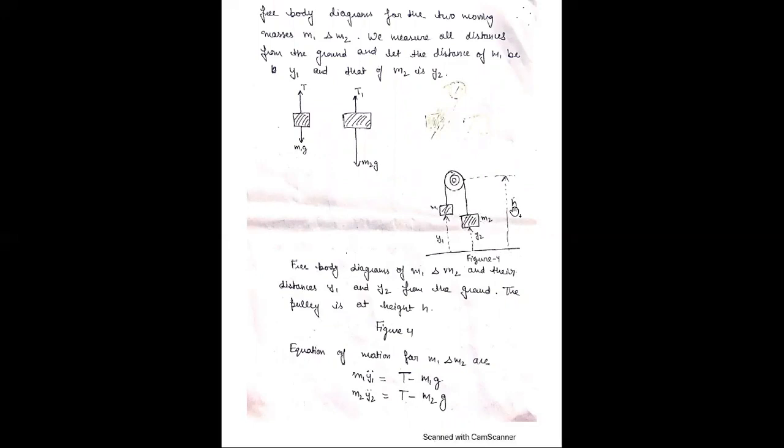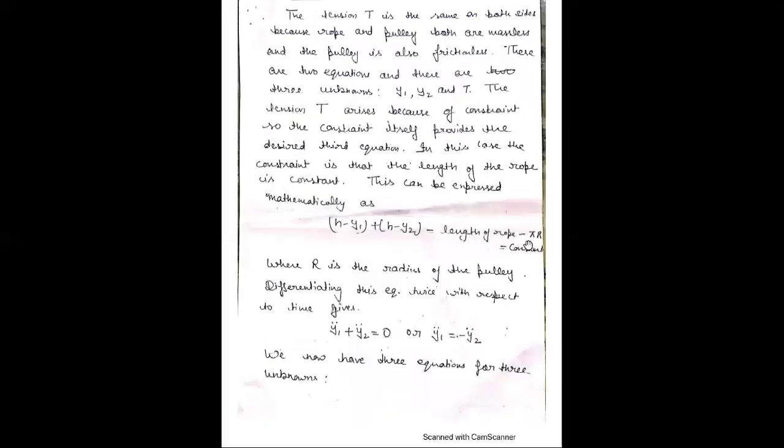Therefore, for mass m1, h minus y1 plus h minus y2 is equal to the length of the rope minus pi r. This is constant, and r is the radius of the pulley.